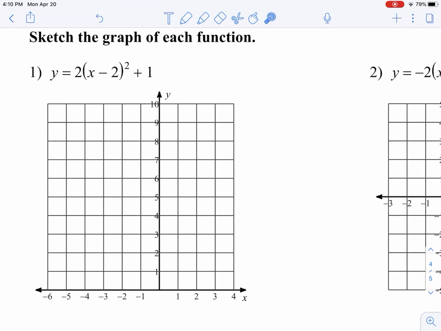So we are in vertex form, which means when we look inside here, x is being affected, and we use the opposite. So the first transformation is right 2. Even though that's a negative 2, our first transformation is actually move right 2. Then we look in the front, and there's not a flip, an x-axis reflection.